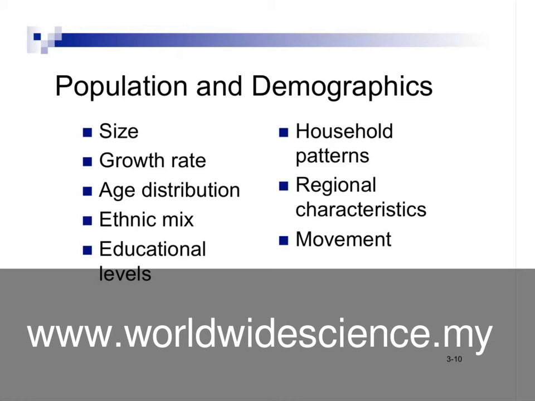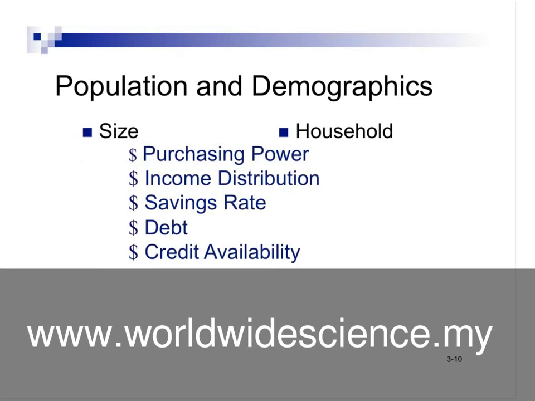Regional characteristics, like what are the characteristics of the region where you're doing your marketing, and then movement, like how much do they travel, how much do they go from here to there. All these are demographic and population factors you need to consider.